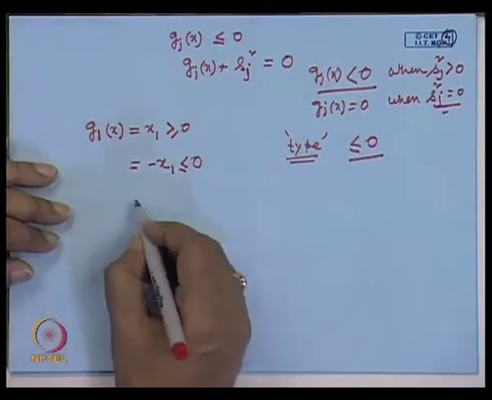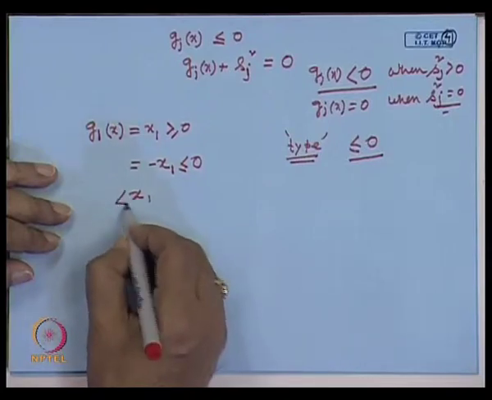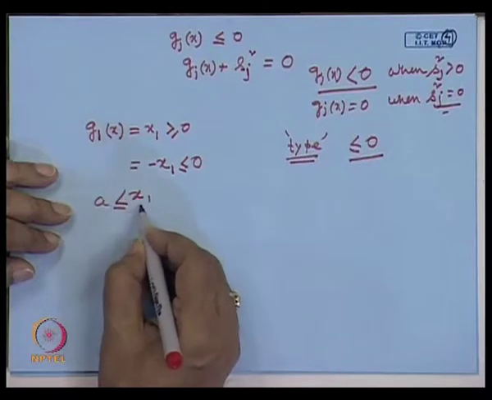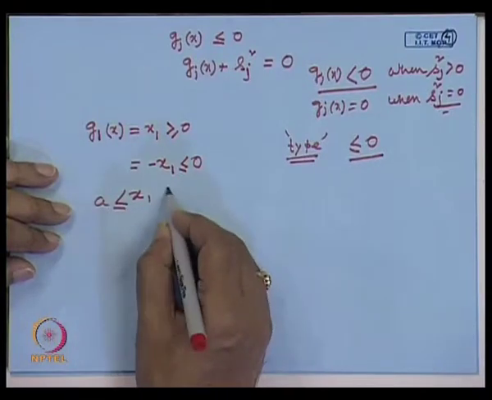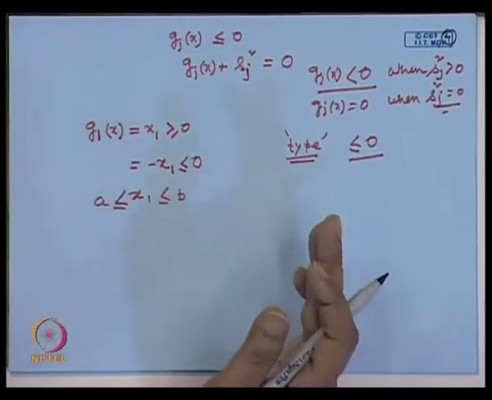Suppose you have a variable x 1 and its limit is given: x 1 is greater than or equal to a and less than or equal to b. That means x 1 has a lower and upper range or bound given.